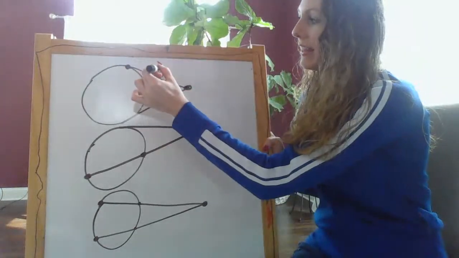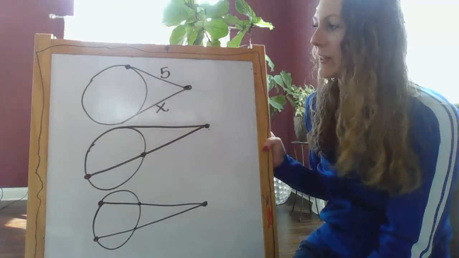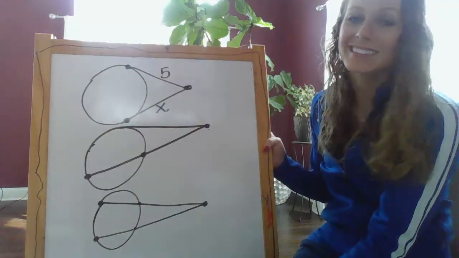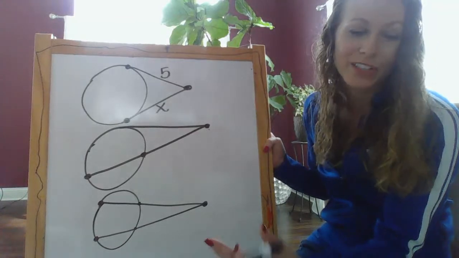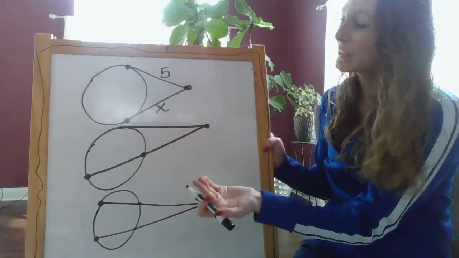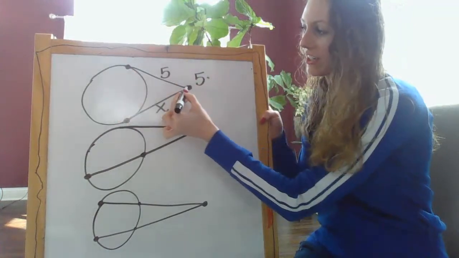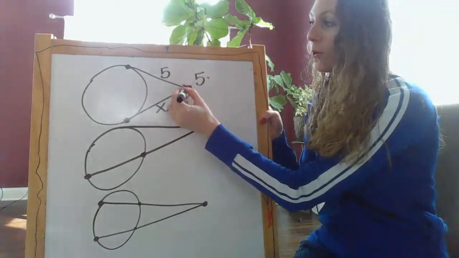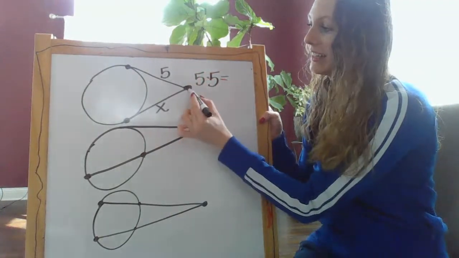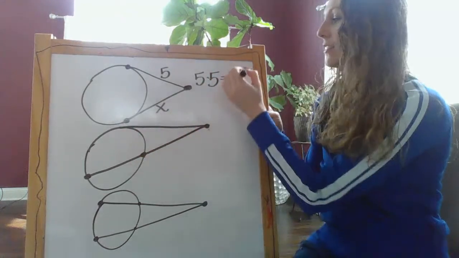So if we said this is 5, and our question is, what is x? Well, we already learned that when there are two tangent segments, they're just equal to each other, but we can still use that same rule. We can say the outside part, which the tangent is outside, times the whole length, which happens to be the same thing, equals this outside part times the whole length, which is also x.